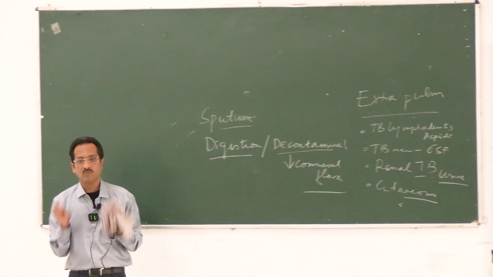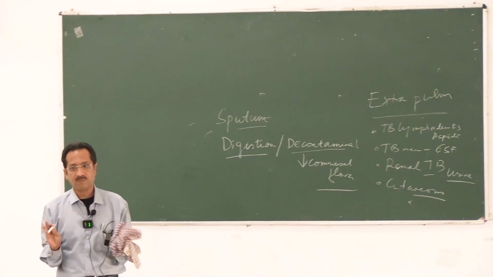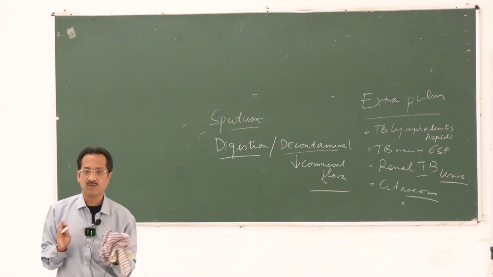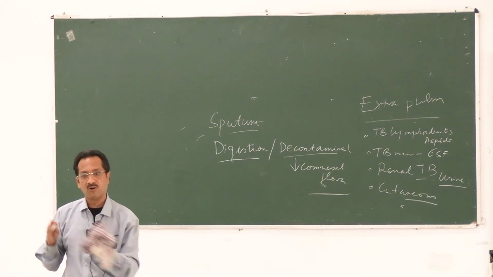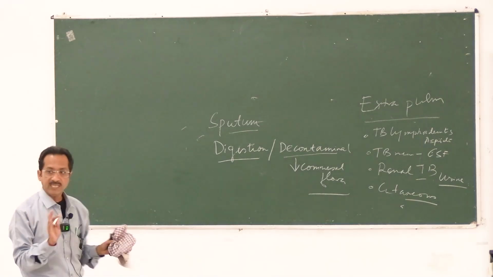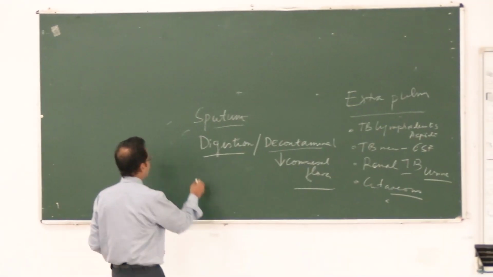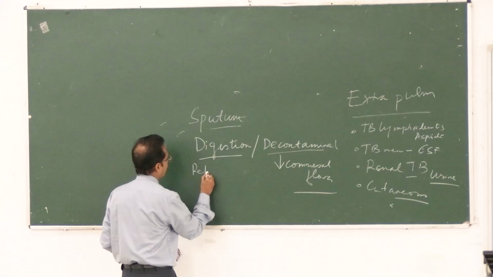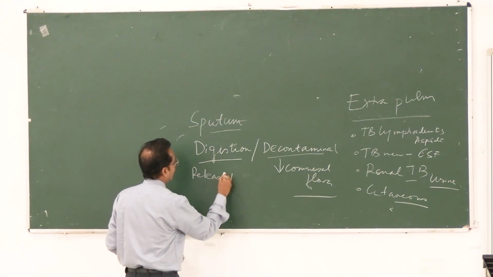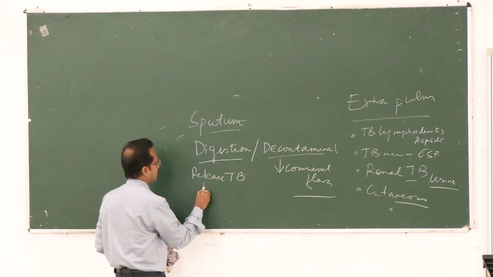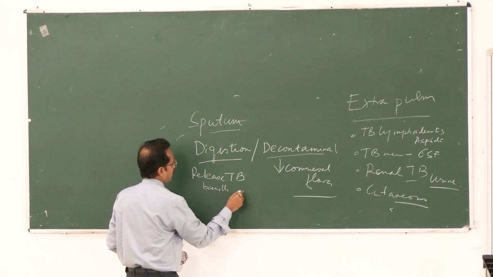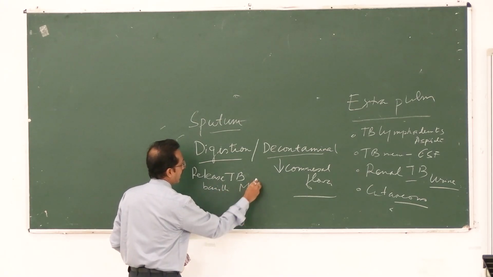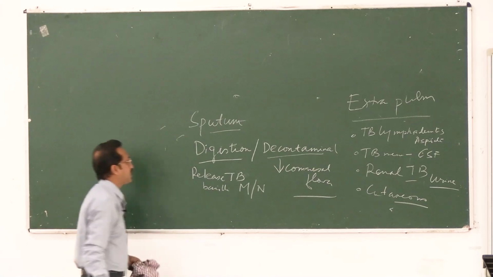As you know, tuberculosis is aerobic and usually intracellular. It is inside the macrophage or neutrophil. So digestion releases the TB bacilli from the macrophage and neutrophil.